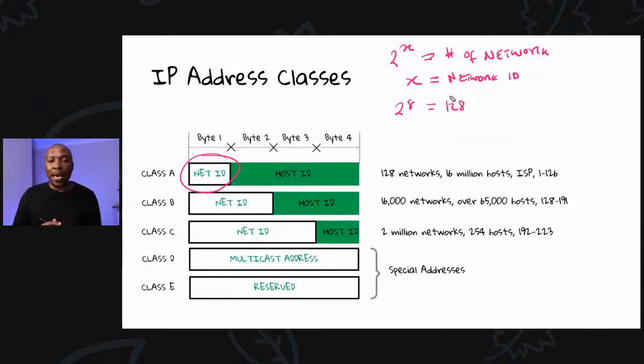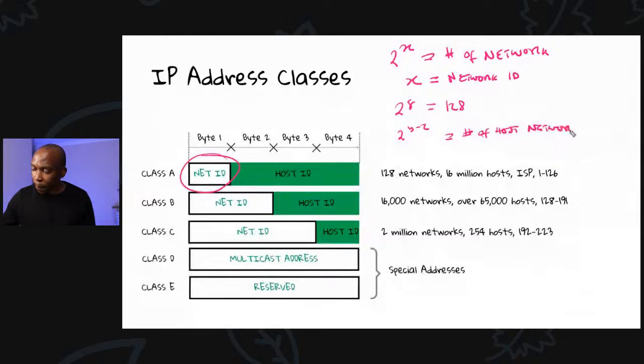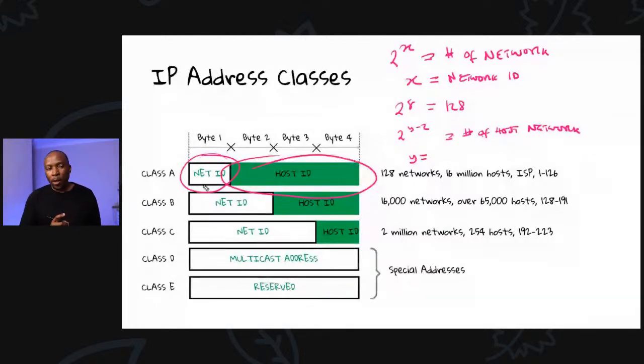But each network has hosts, and the formula for the hosts on that network is 2 to the power y minus 2 is equal to the number of hosts on the network. And how do we find y? y is equal to the host ID bits of that particular subnet. So we use the first 8 bits as the network ID, and we're using the last 24 bits as the host ID.